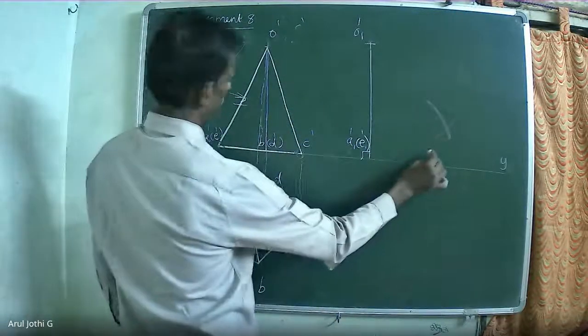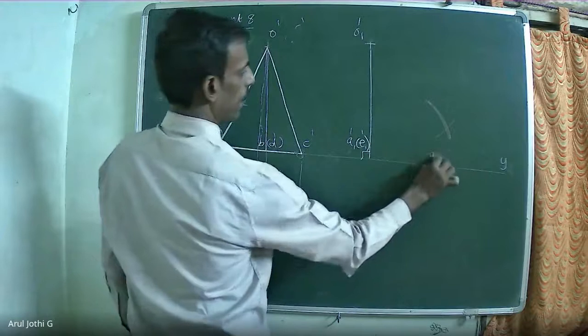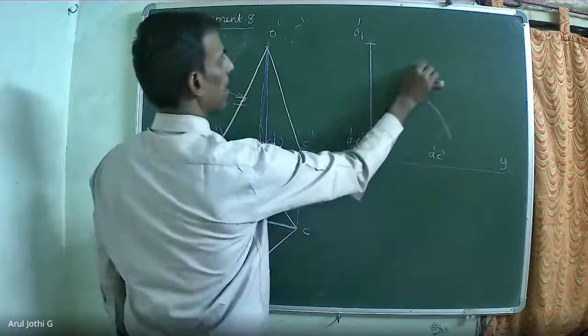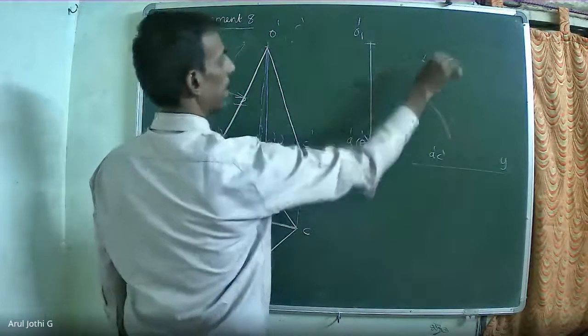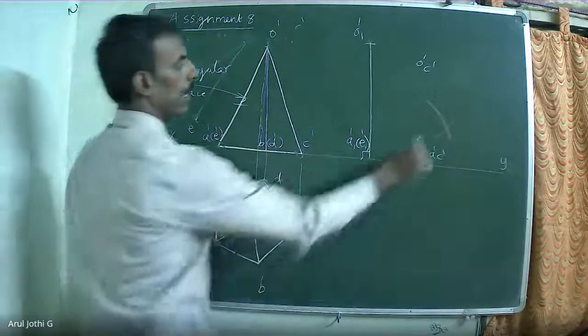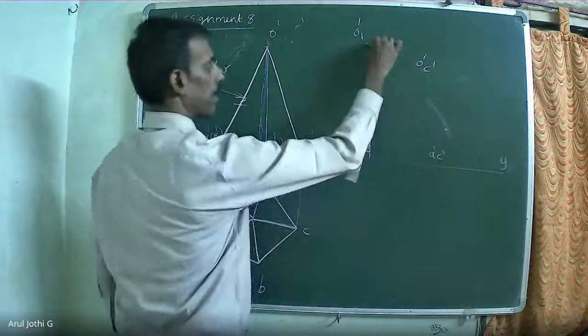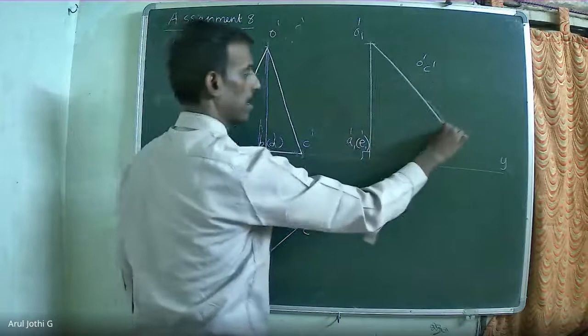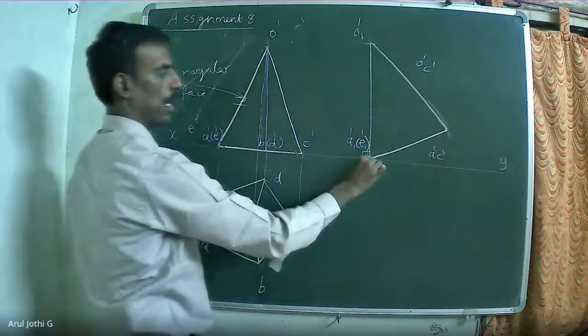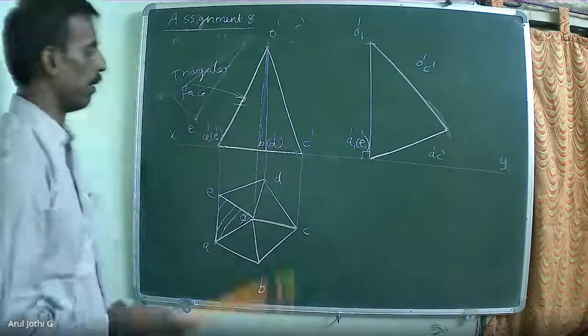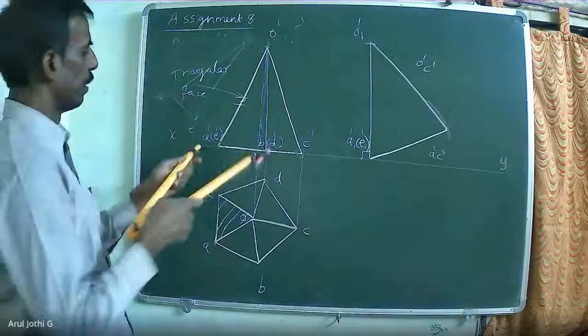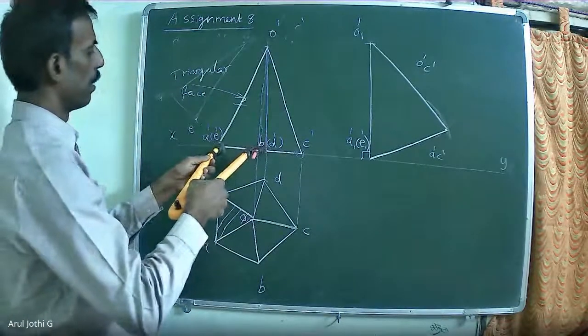So here, the radius will be A dash, C dash. Here the radius will be O dash and C dash. That will be the radius. Now you got the intersection points. Join those intersection points. Now transfer the remaining points also. Transfer the axis line.